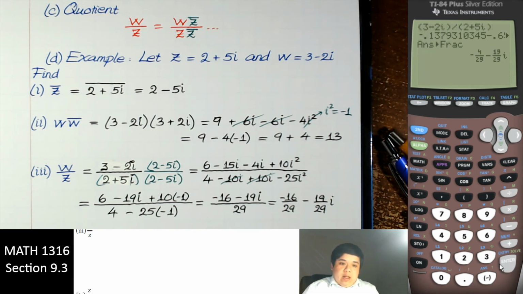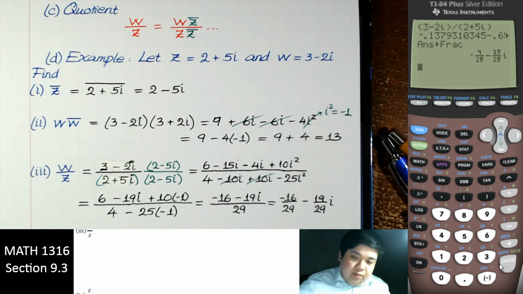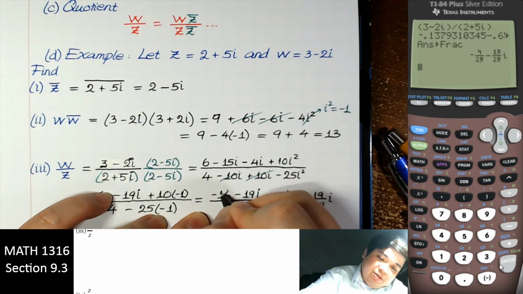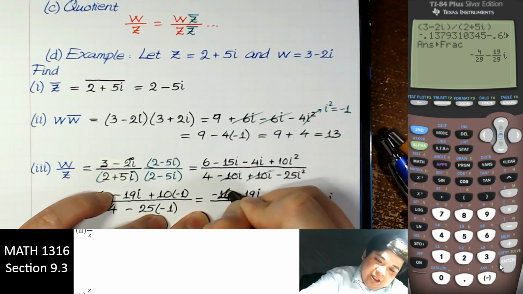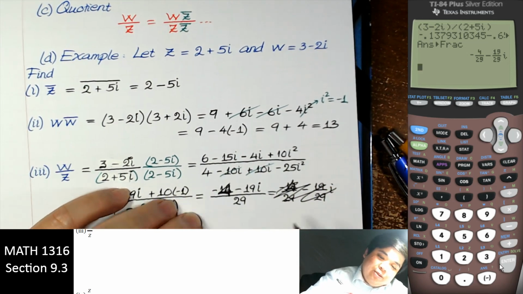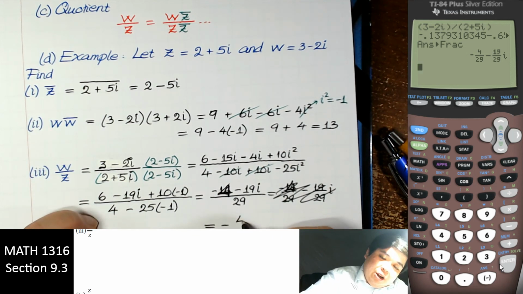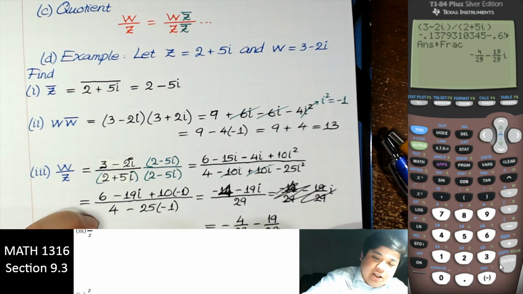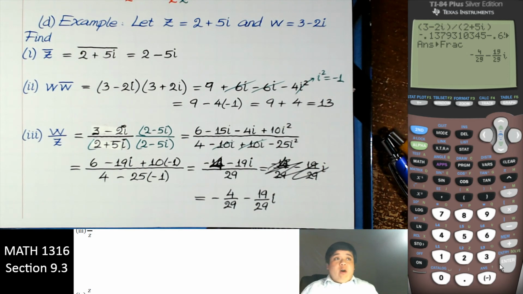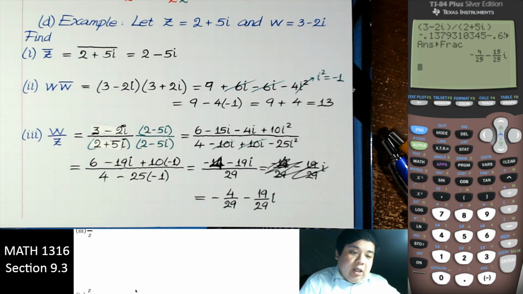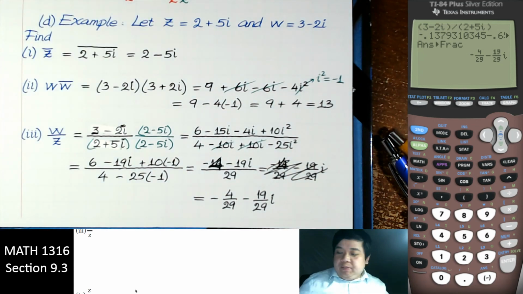That's why we need to check. Minus 4 over 29 minus 19 over 29 i. Alright, so we should give the answer in the form of a complex number, real part and imaginary part. So W divided by Z.